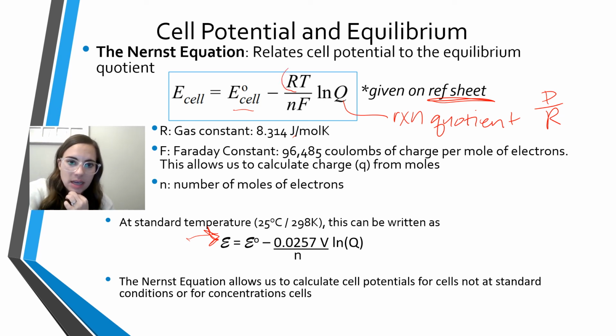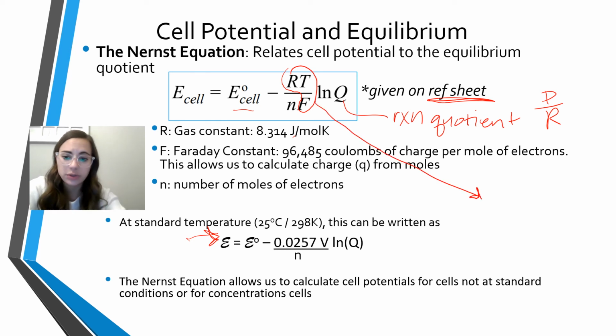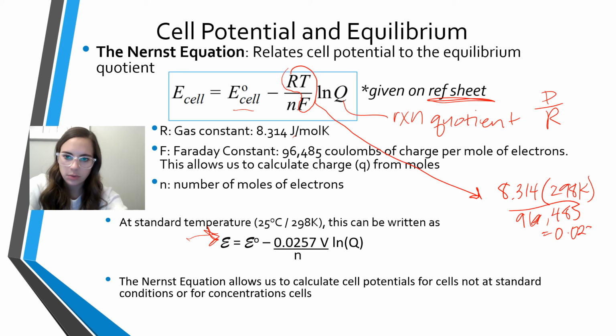So if we take the gas constant, which is the same no matter what, and plug in 298 Kelvin divided by Faraday's constant, that equals 0.0257. So what that does is it just takes this and plugs in what that equals.